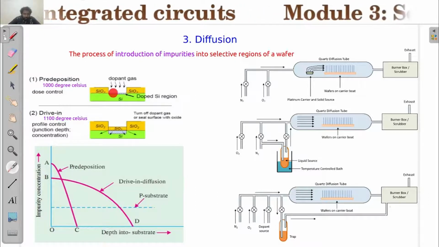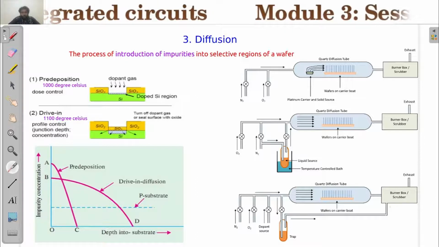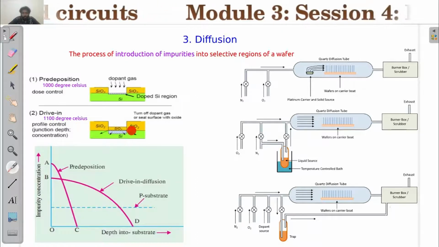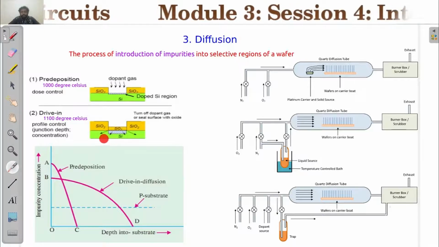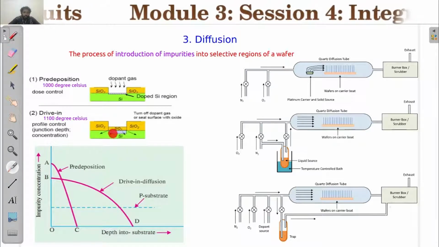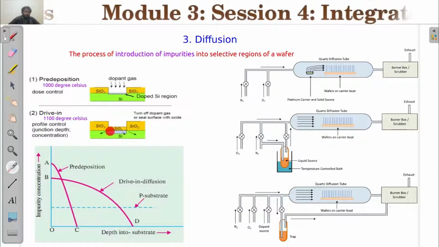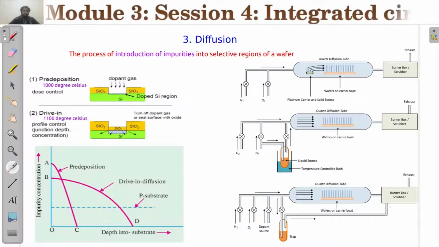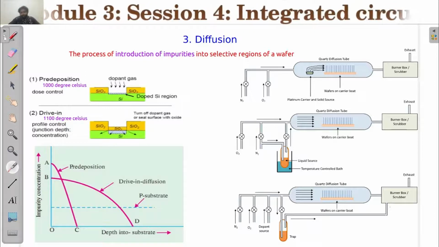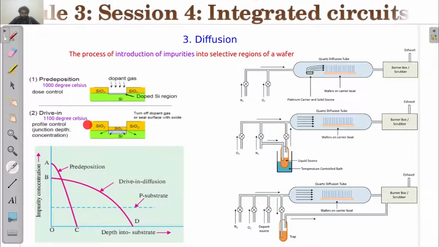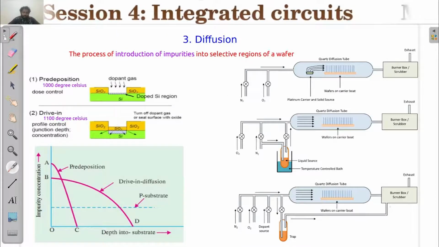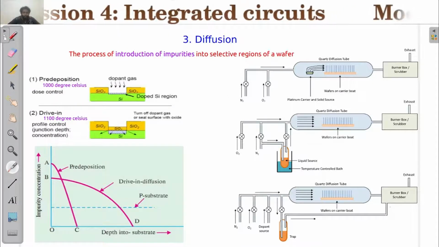Whatever we introduced in the pre-deposition step will slowly penetrate to the depth of the silicon layer. Thus we can obtain a uniform concentration of the dopant in a particular region in the silicon wafer. After the procedure, we can strip off the silicon dioxide layers on the top portion. So this is how diffusion is done.